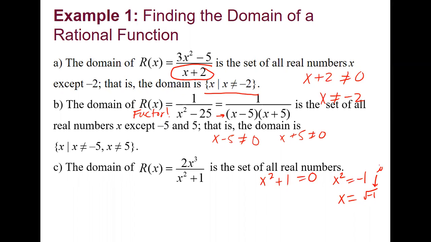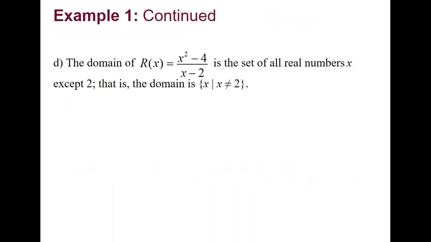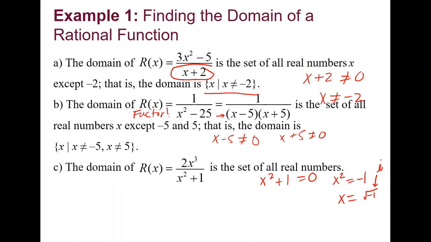Because of the imaginary number, the domain is all real numbers. So if it comes down to a situation where you have an imaginary number, what is the domain? All real numbers. Cool?